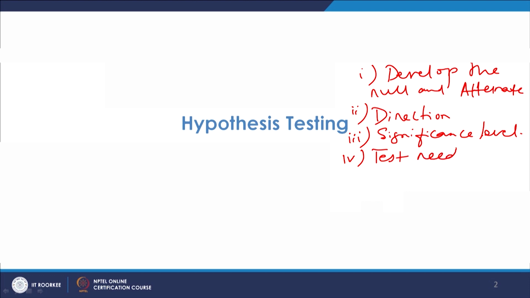Is it a Z test, a T test, a one sample or two sample case, or a case of ANOVA or chi-square? We will see these in further classes.